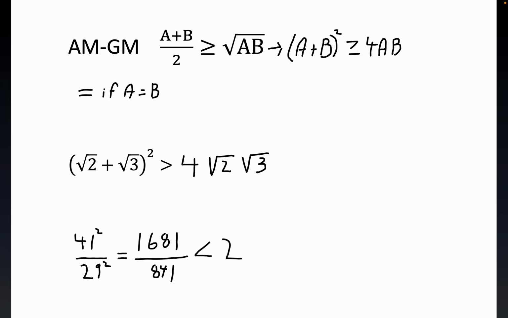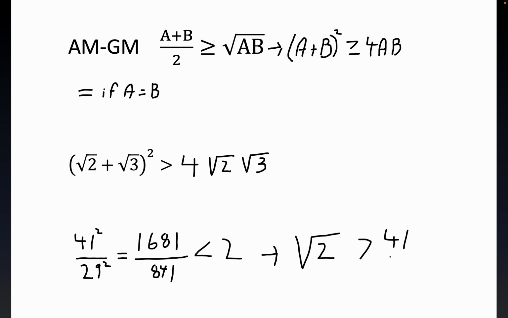All right, but notice that this implies what? That the square root of 2 is greater than 41 over 29.